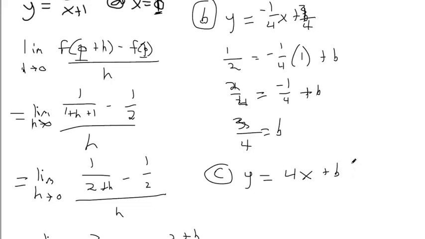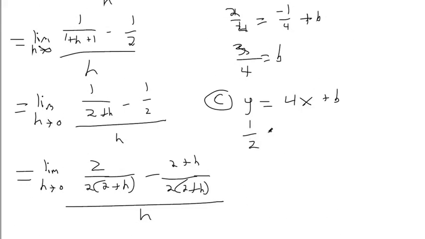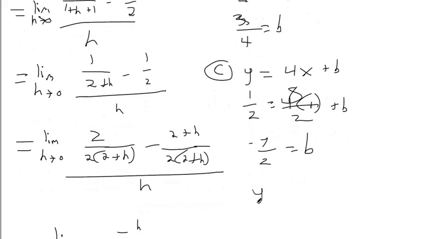So to find out what that b is, we'll plug in that point again. It needs to cross at 1, 1/2. And then if you subtract 4 from both sides, you're subtracting the 8 over 2 from both sides, right? So that's negative 7 over 2 for b. Okay, so the equation of the normal line is 4x minus 7 over 2.